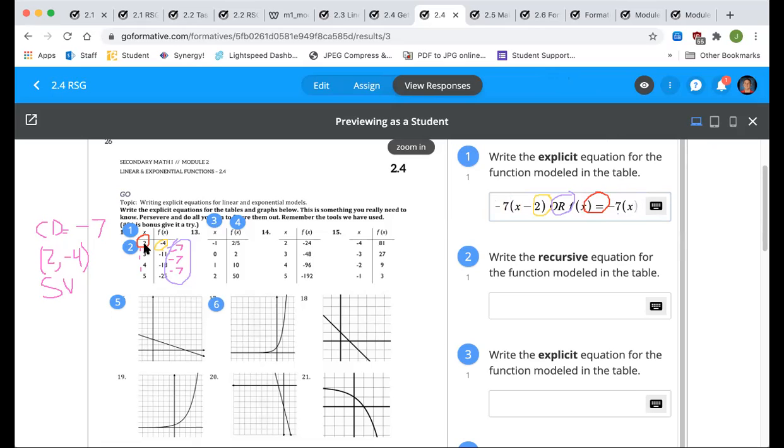But again, since we're starting at 2, that x would turn into x minus 2. And then our start value of minus 4. Let me move those circles out of the way so you can see those. Okay. So either one of those explicit equations would be correct.